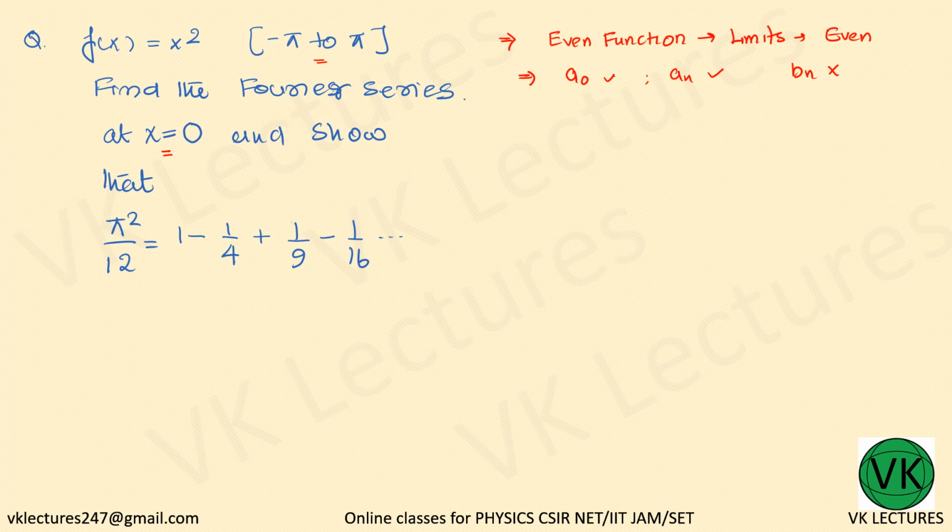So a naught is equal to 1 by pi integral from minus pi to pi f of x, which is x square, dx. Now this can be written as 2 by pi integral from 0 to pi x square dx.